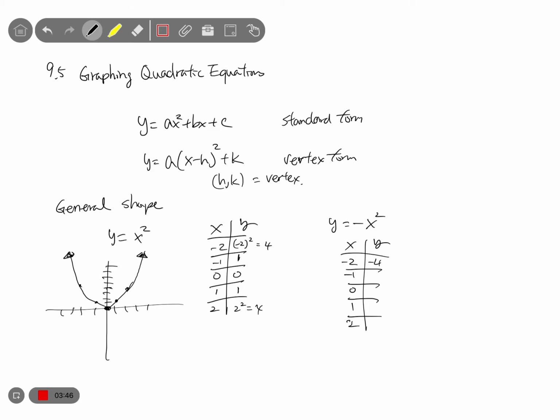So I have -4, -1, 0, -1, and -4. So that means I have (0, 0) still, but now I have (-1, -1), (1, -1), (2, -4), or (-2, -4). So now my graph looks like this.